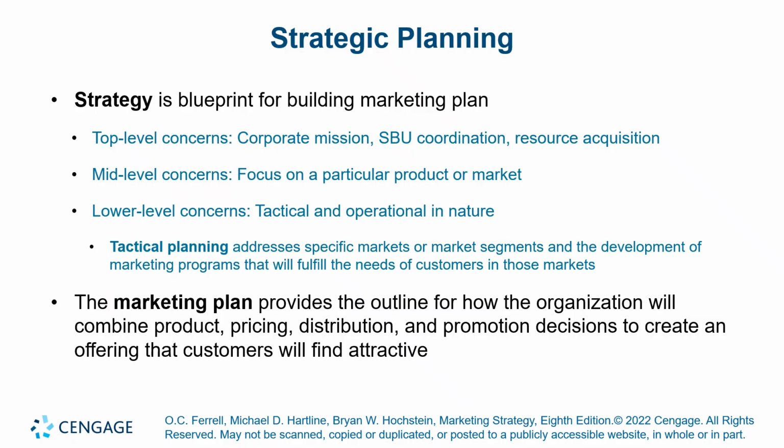So you can come up with the strategic marketing plan. So what is strategy? Strategy is the blueprint for building a marketing plan. There are top-level strategies, like corporate strategy, corporate mission, SBU coordination, and resource acquisition.